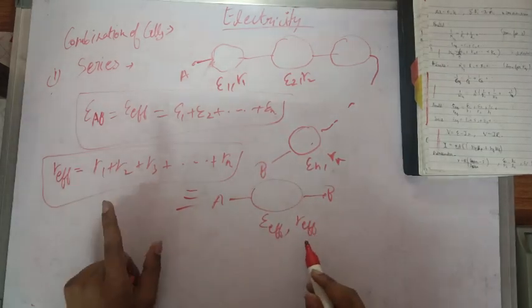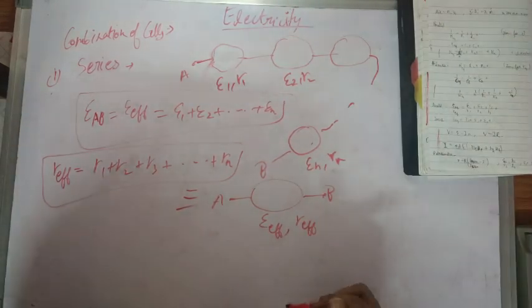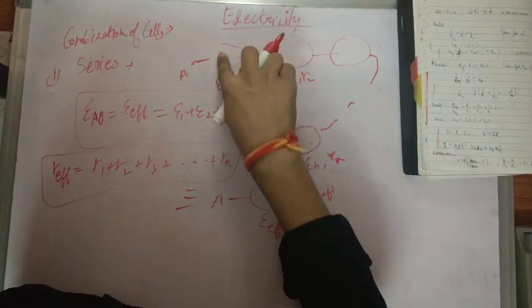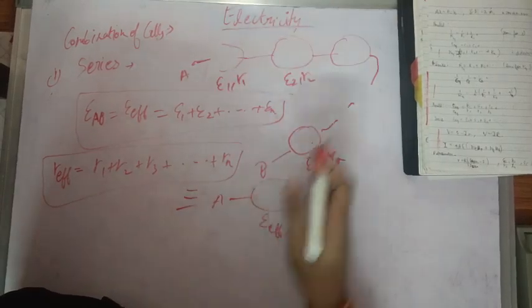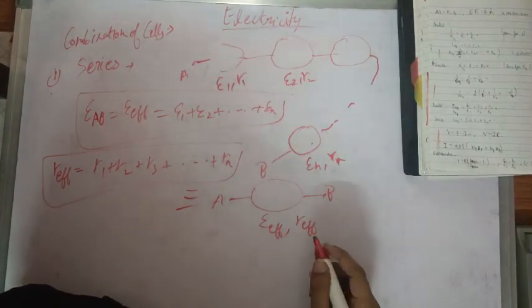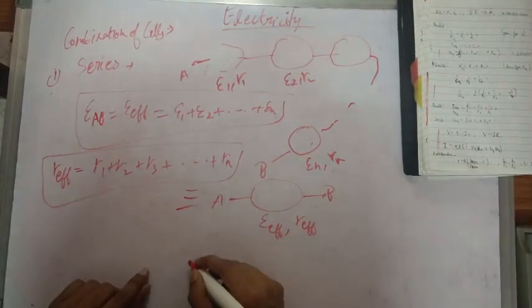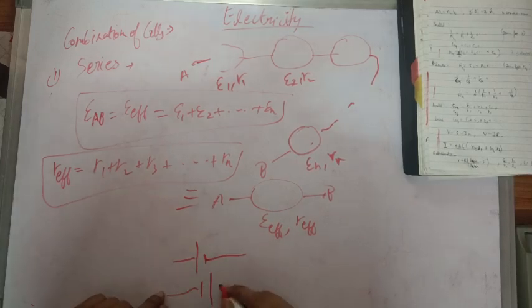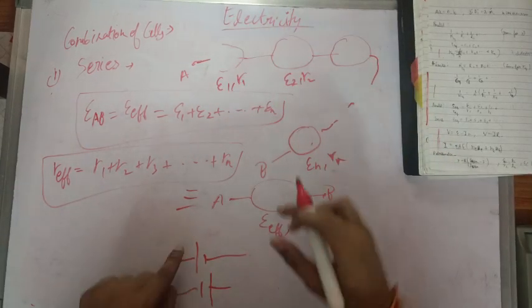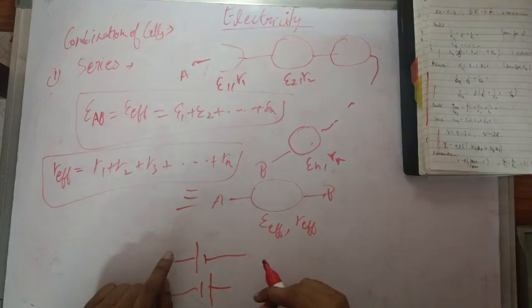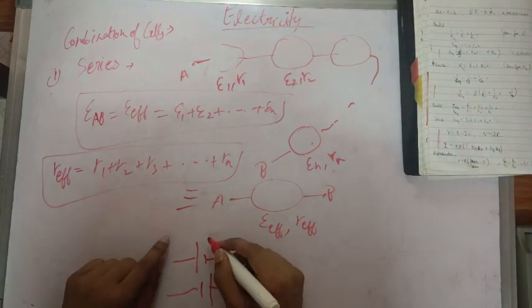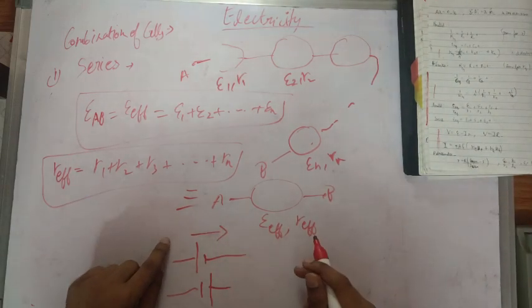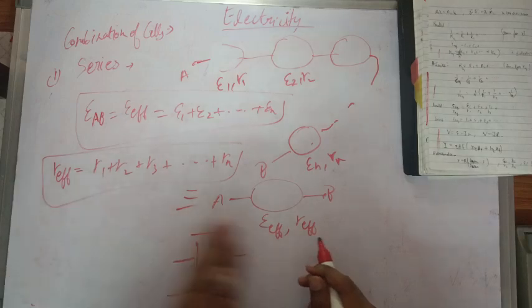Now one important thing to note here is the direction of EMF. Direction means the cell can be connected in this way or in this way. The cell can be added here in both of these ways. So I have to take one direction of the cell as positive.